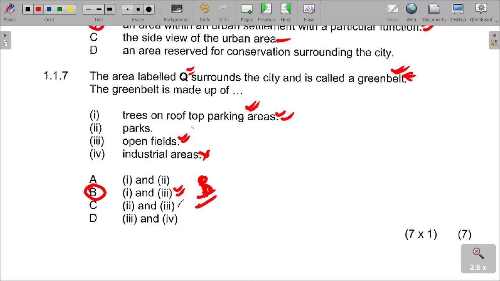We talk about open fields also, which are just having some trees and grassy vegetation that also helps to promote and neutralize the temperatures in the city, as well as giving a clean environment in terms of the freshness of the air, oxygen concentration.